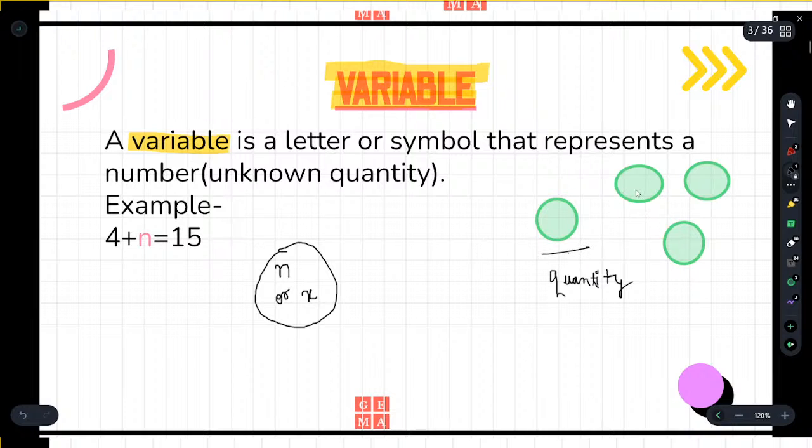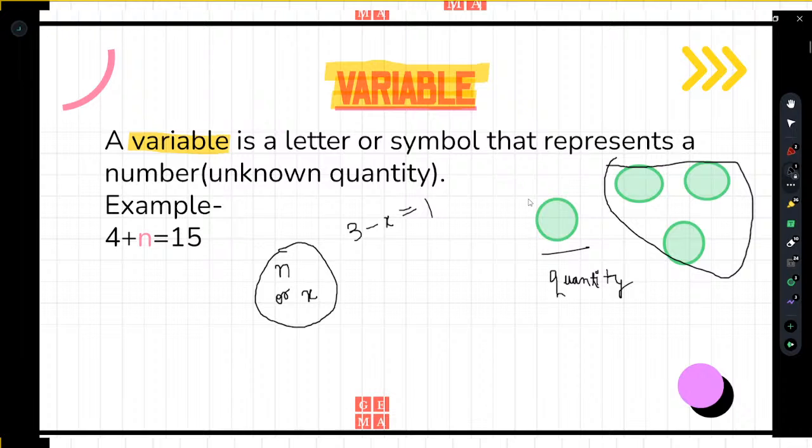And there were actually 3 burgers in the party. Your friend's mom made only 3 burgers. You had one. Your friends had x. So how many burgers did your friends actually have? You can find it out by 3 minus x is equal to 1, because the remaining burgers you had, right? 3 were there originally and x were taken by your friends.